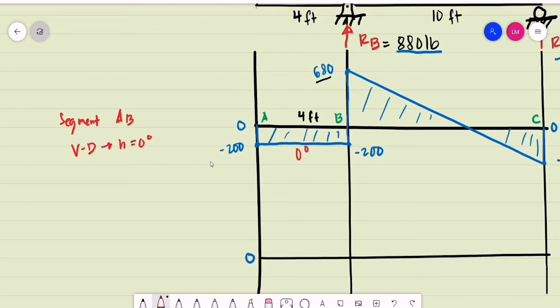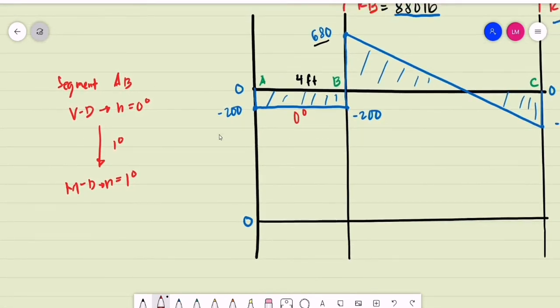So we increase the degree by 1. The degree of our moment diagram should be first degree. And it is a negative shear. So the value of the shear is negative 200.